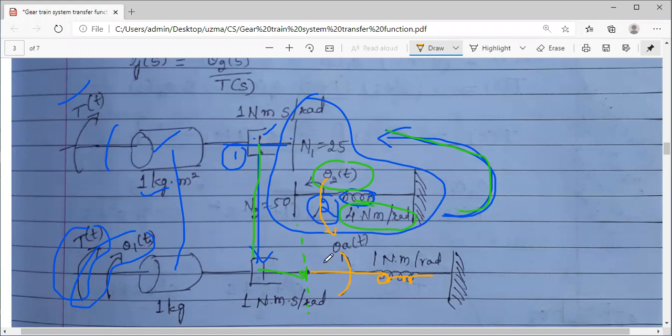It is something else. We will find out what that something else is, but it is not theta 2 as it is. And even you can see it is not 4 anymore. It has changed to some other value. We will calculate both of these things. Remember, whenever we reflect things from one over the other, the parameters will change.